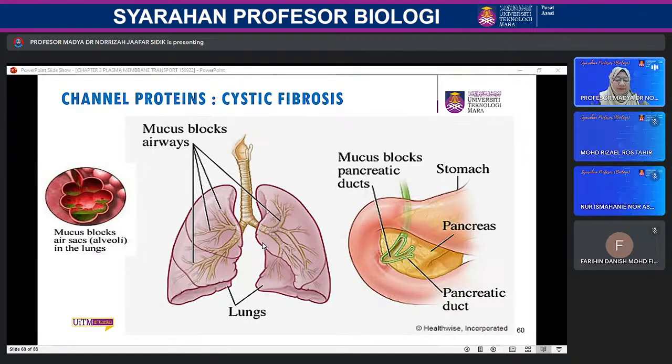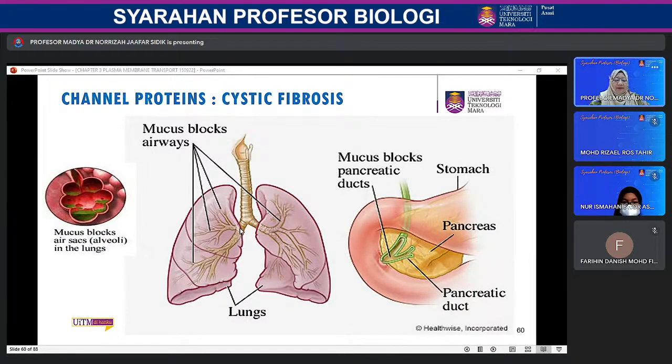If you look here, the chloride transport across the membrane is closely linked to the sodium transport. So the cells lining the respiratory tract cannot absorb sodium chloride, and the sodium chloride will accumulate.